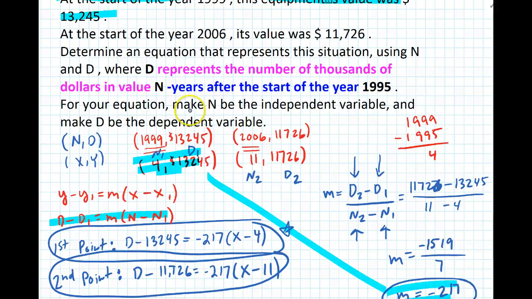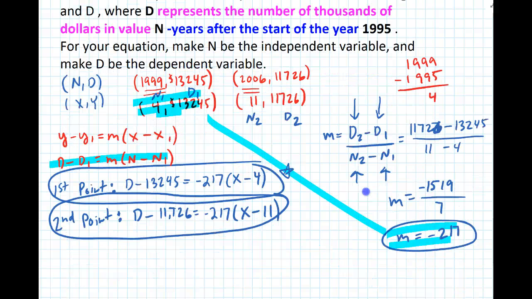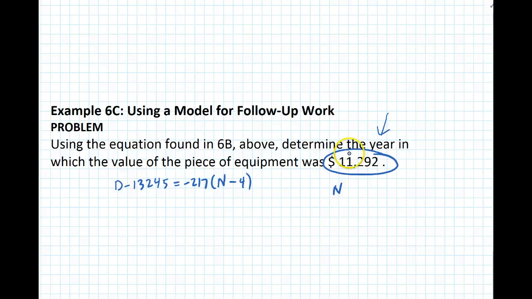And remember, n is the years after the start of 1995. So we're going to have to take whatever n is and add that to 1995 to figure out what the actual year was to determine the value of a piece of equipment when it's $11,292.